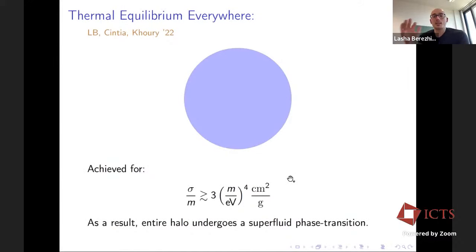So the idea is, let's see what happens if the halos are completely thermalized. If halos are completely thermalized, then in the absence of gravity, if you try to form a completely homogeneous superfluid, it would condense completely. For that, sigma over m has to be big; it has to overshoot that bullet cluster bound and go beyond.